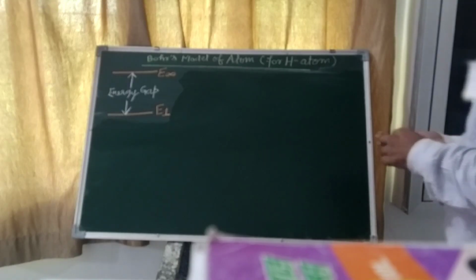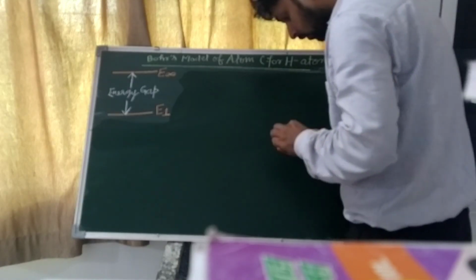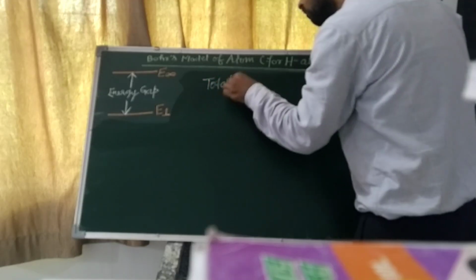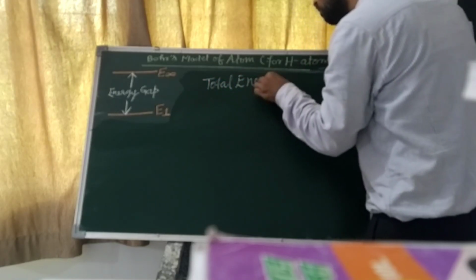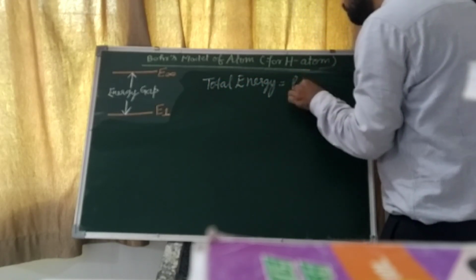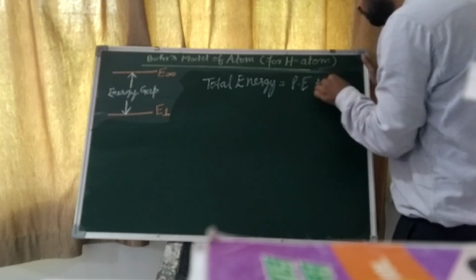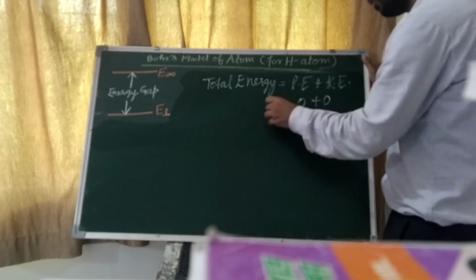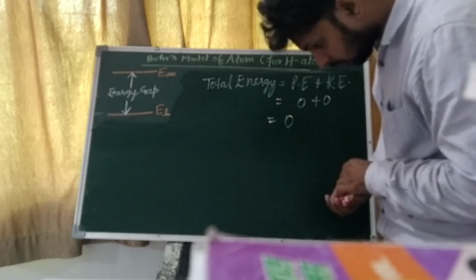So what will be the total mechanical energy? If you talk about total energy, it is the sum of potential energy plus kinetic energy, and both are equal to 0. So total energy is also equal to 0.